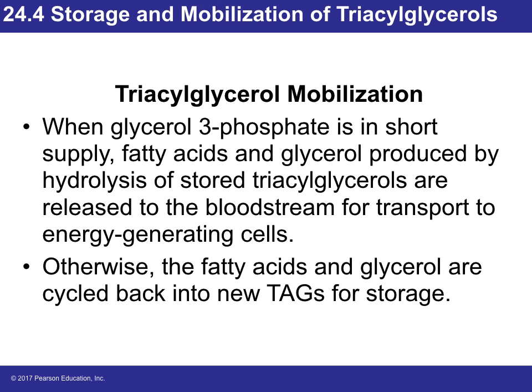And then if you look at this, when glycerol 3-phosphate is in short supply, fatty acids and glycerol produced by hydrolysis of stored triacylglycerol are released to the bloodstream for transport to the cells where they can start the making of energy. Otherwise, those fatty acids and glycerol are going to cycle back into new triacylglycerides for storage.